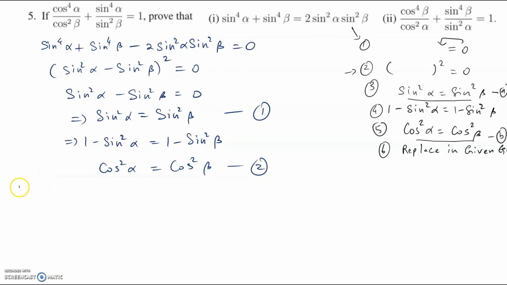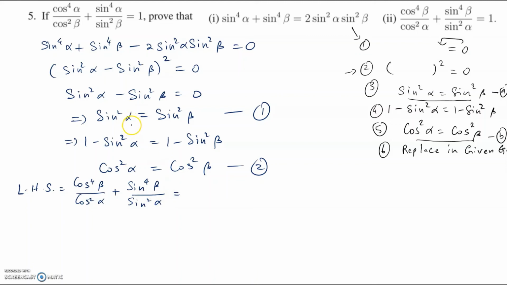Now LHS is equal to cos to the power 4 beta over cos squared alpha plus sin to the power 4 beta by sin squared alpha.